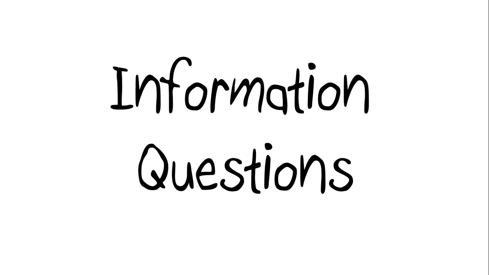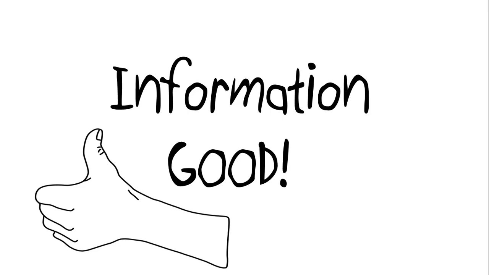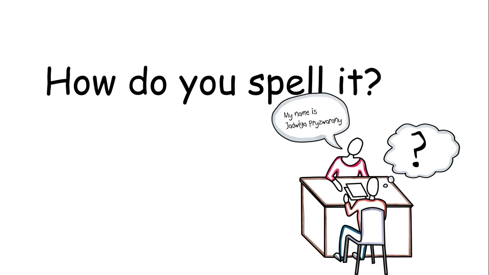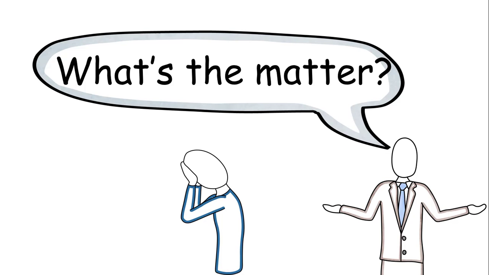Why do we care about information questions? Because being able to get information is a good thing. When you don't understand a word, you can ask, how do you spell it? You can ask, what's the matter? If someone is upset, but you don't know why.